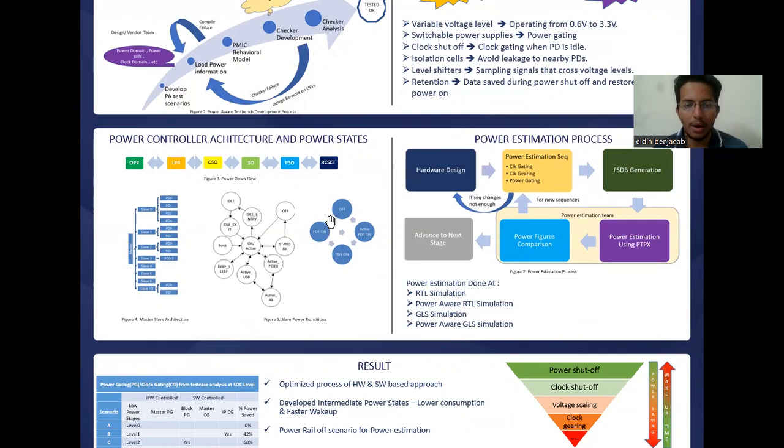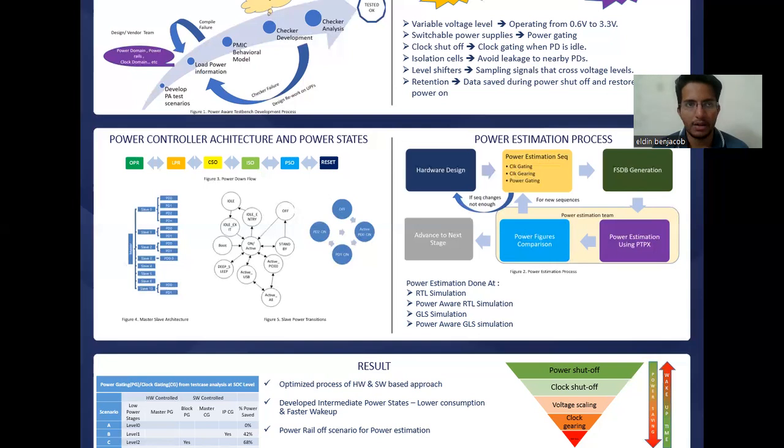Whereas the master power controller has simple power transitions, also similar to the second one. We have multiple intermediate stages for the power saving technique, the power down process.